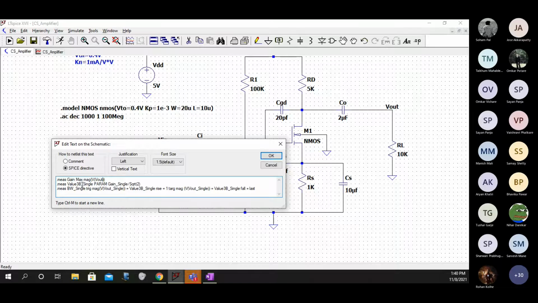Then measure the 3 dB value at that point where the gain is the maximum gain divided by square root of 2. And if this happens twice, then note down the rising point and the falling point.